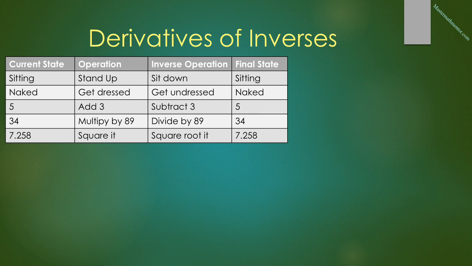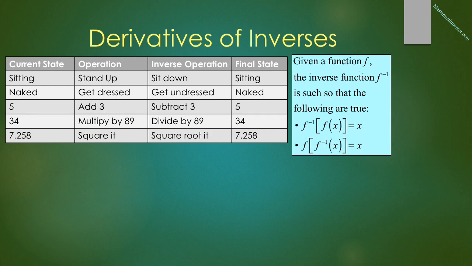We do not actually have to show 34 times 89 to know that this is true. So if we start with 7.258, square it, and didn't have a calculator, it would take quite a while. But then if we take the square root of the result, we're back to 7.258.